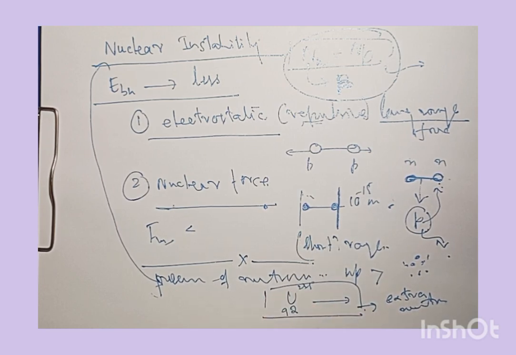So these could be some of the basic reasons I try to talk about here, why we have instability in certain nuclei. And certainly we call those nuclei radioactive nuclei, because they are unstable and they keep on breaking, emitting radiations and particles, and converting themselves into daughter nuclides.